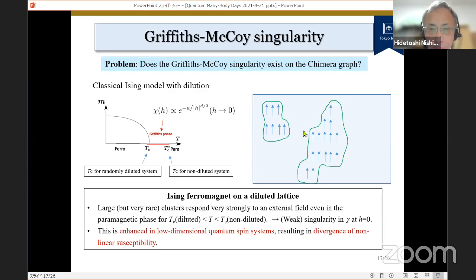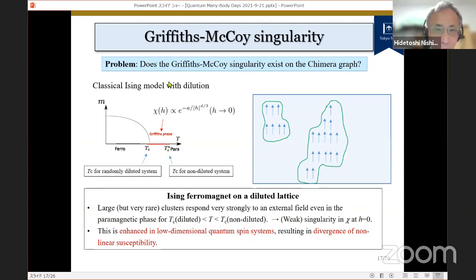So there exist clusters of finite size, or sometimes very large sizes. And by reflecting this dilution, the critical temperature below which magnetization exists becomes lower than the critical temperature for the non-random, non-diluted system.